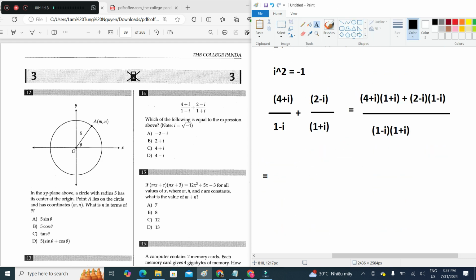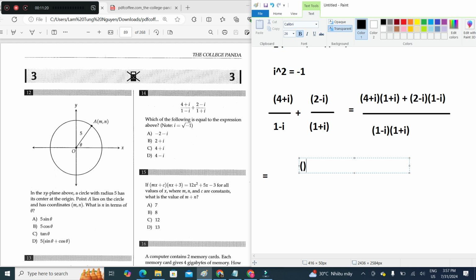So 4 plus 1 times I is just I, 4 times I is just 4I, and I squared. Plus 2 times 1 is 2, minus I times 1 is minus I, 2 times minus I is minus 2I, and minus I times minus I is just I squared.